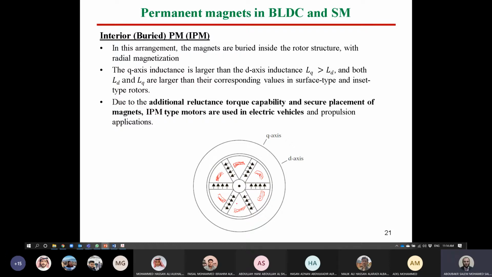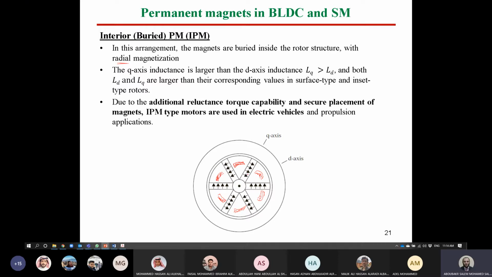Okay, what is the advantage now of the interior type? First, in this arrangement, the magnets are buried inside the rotor structure. So what does this add for us here? With radial magnetization. First, it's radial magnetization, not axial. It's inserted inside the rotor in the same direction as the radius of the rotor.